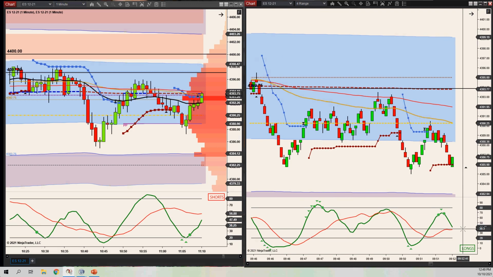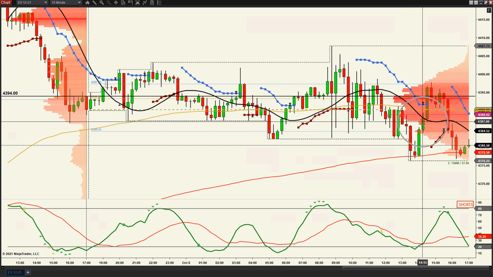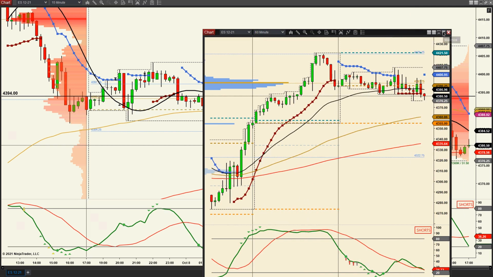So anyway, that's what I like to do, and I'm going to go over a lot more information on Saturday, as well as how I like to use my 15-minute chart to plot support and resistance areas. And then I can always look at my 60-minute chart.